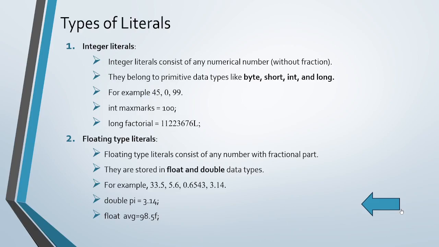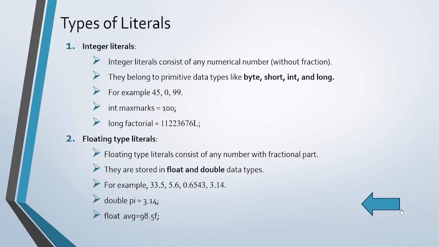We know int. Examples of integer literals are 45, 0, 99. Just like that, we can store numbers: int maxMarks = 100; long factorial = a bigger number.